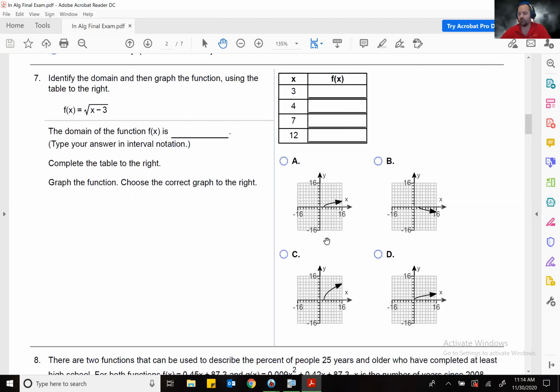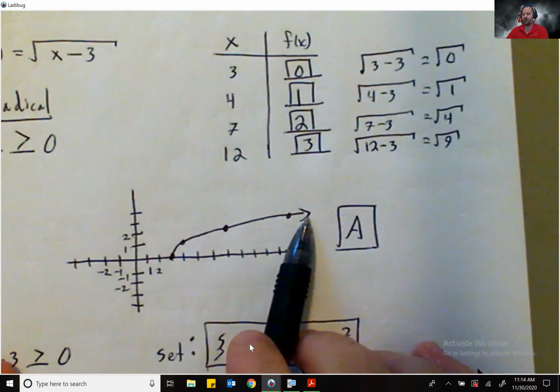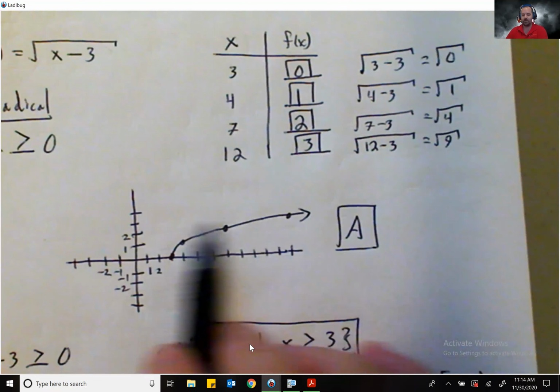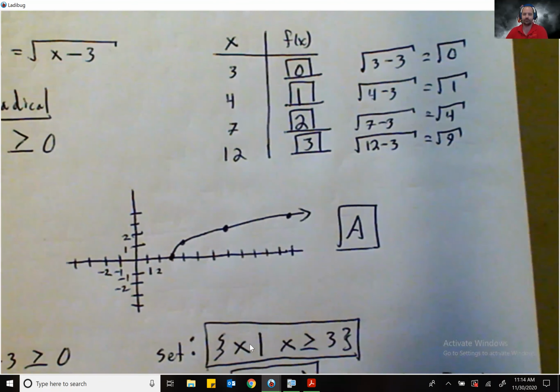Because it does not grow very fast. C kind of looks like it, but it's growing too fast. Look at how slow this graph is. Out at 12, I'm only up at number 3. So it's growing really, really slowly.